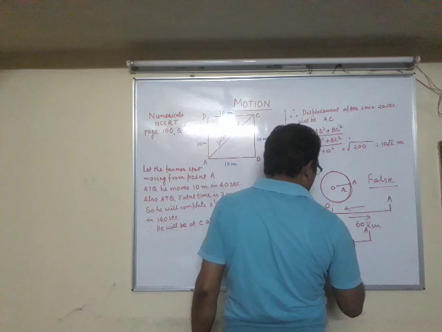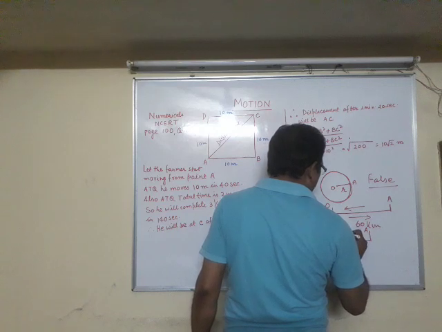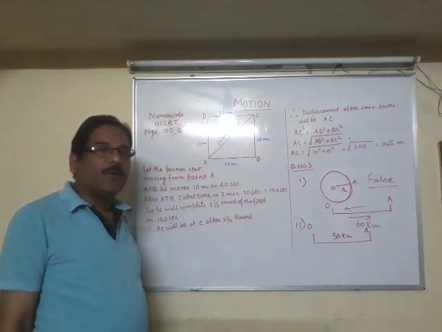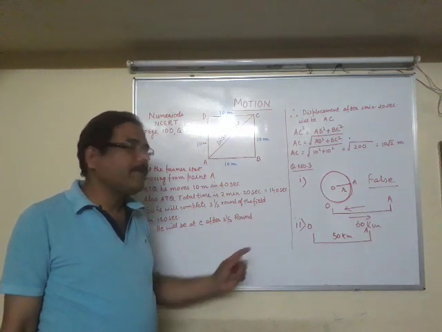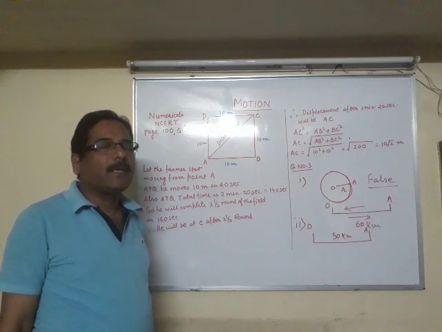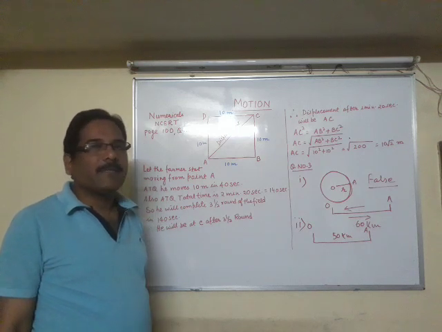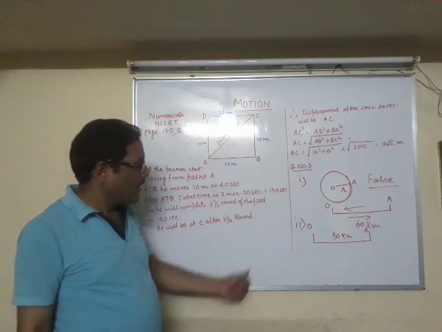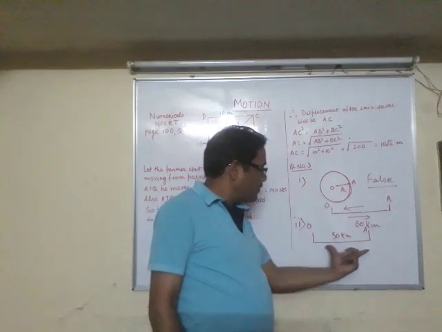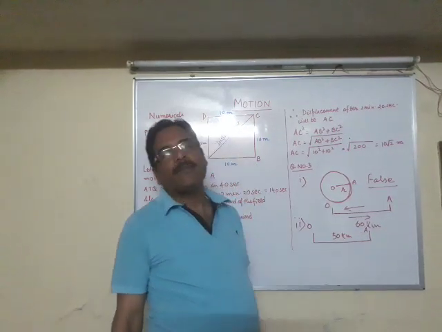Let the distance between O and A be 50 km. So it moves from O to A. What will be the distance covered by the object? 50 km. And what will be the displacement? Displacement is also the straight line distance between initial and final position, so this is again 50 km.